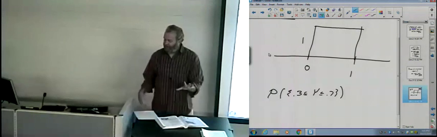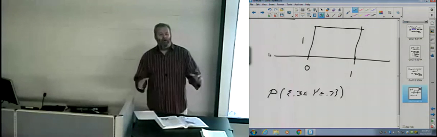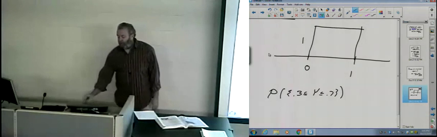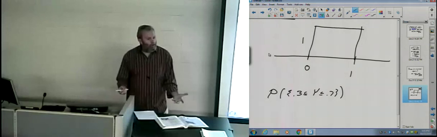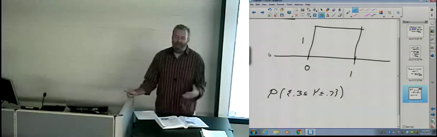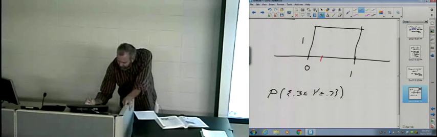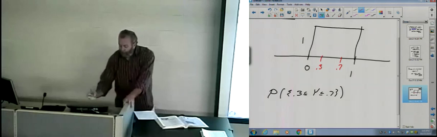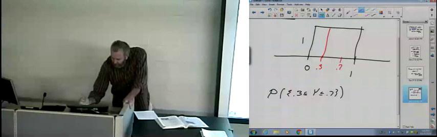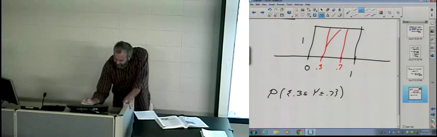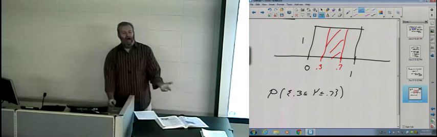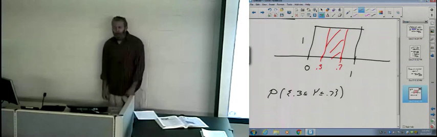I called that little event between 0.3 and 0.7, I called that A. So what I'm going to do is, just like I always do, there's two values I'm interested in under the density curve. It's 0.3 and 0.7. I'm going to put 0.3 here. I'm going to put 0.7 here. I want to know this area here, because that area represents the proportion of outcomes that are between 0.3 and 0.7.